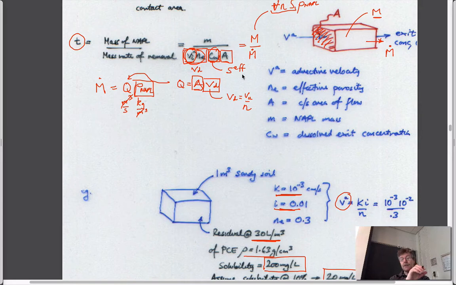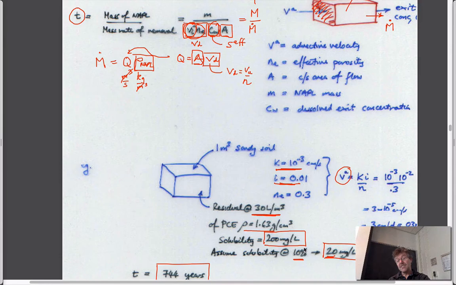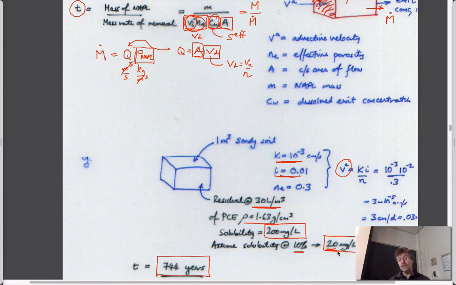If it was present there competing with other solutes, then it would be lower than that from Raoult's law. And because it has this issue of mixing, then we have to reduce it by some amount. Not very scientific to just say reduce it by a factor of 10, but it's probably not too far from reality. It depends on the velocity.